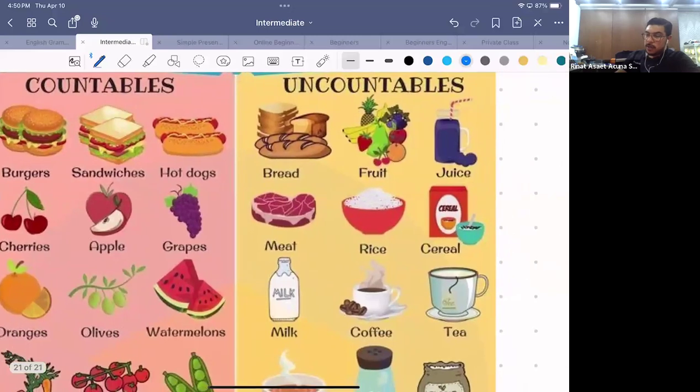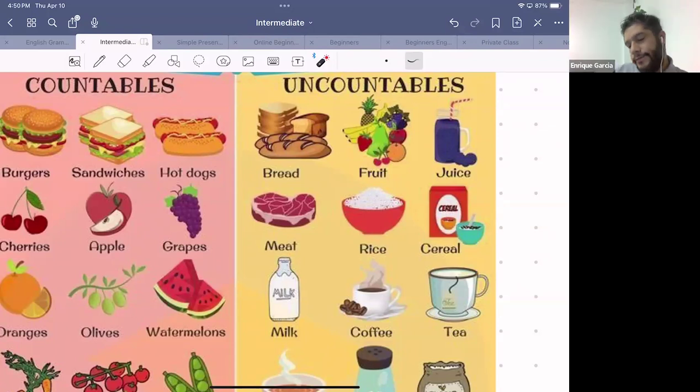Igual, if we're talking about milk, 1 liter. The liter is countable, but not the milk. The cup of coffee you can count, but not the coffee. Los granos de café puedes contar, pero ahí estamos hablando sobre los granos.